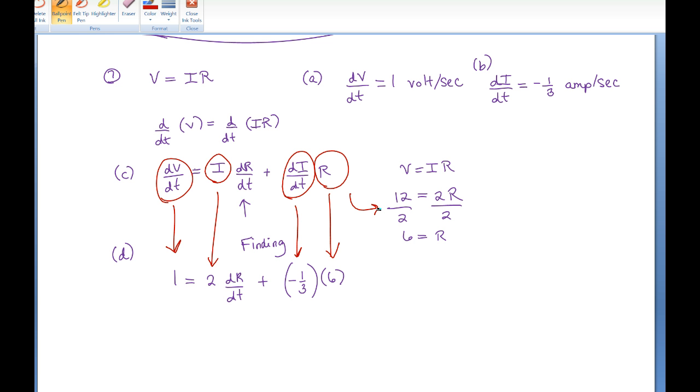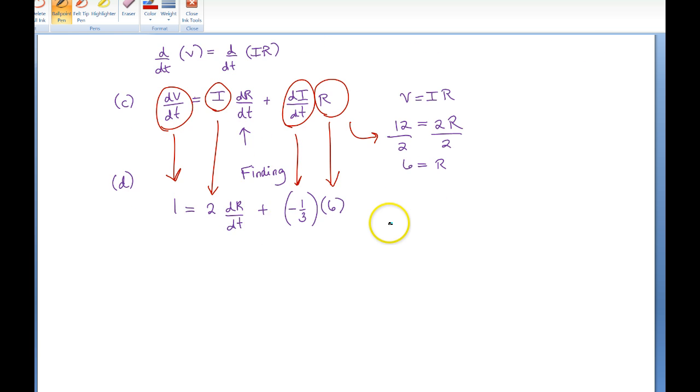Okay, so we're basically just figuring out what dR/dt is, and then I think the other part of the question was, is it positive, negative, or something about interpreting. Here we get negative 2, and then add 2, 3/2. So we get 3/2 for dR/dt. So dR/dt is 3/2, and that's ohms per second.